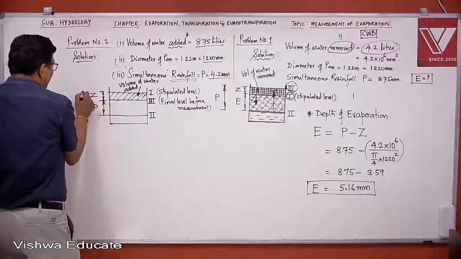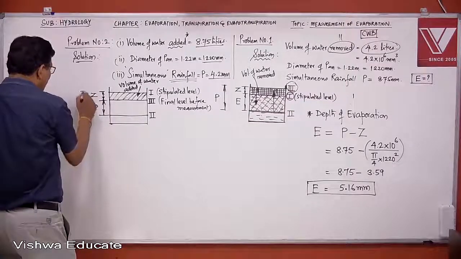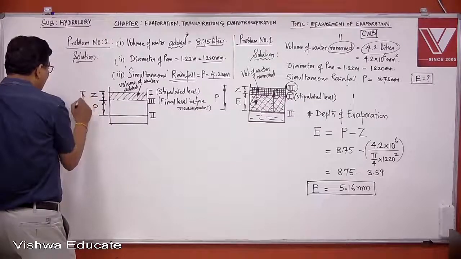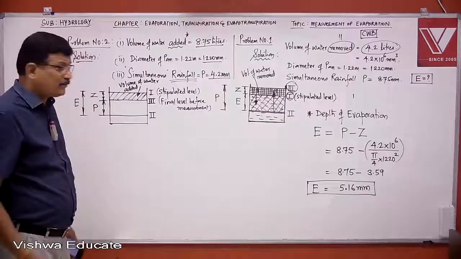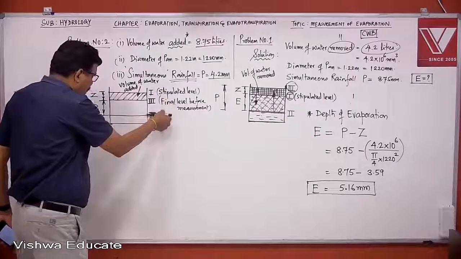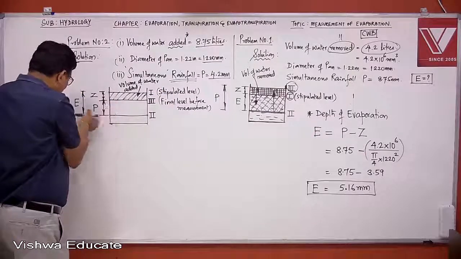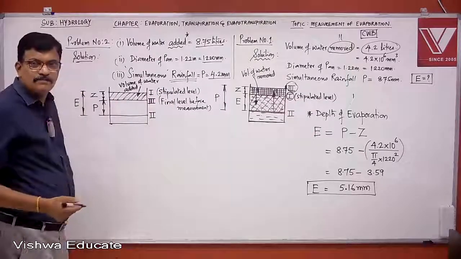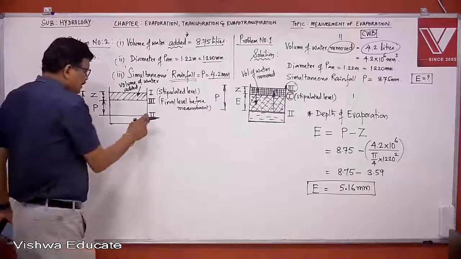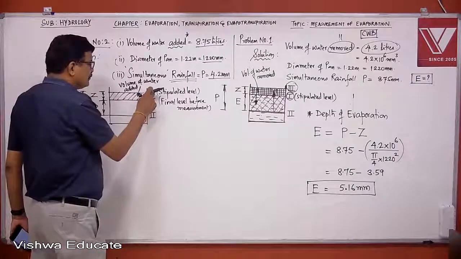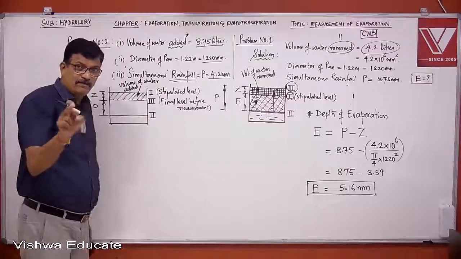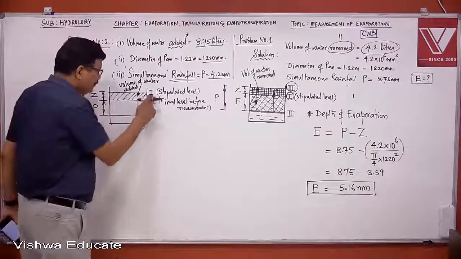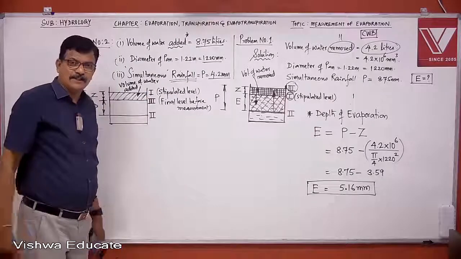So, from here to here in this case would be the evaporation, because evaporation is from 1 to 2. That is, from this level to this level is the evaporation. To bring back 2 to 1, nature has added from 2 to 3 in the form of rainfall, and from 3 to 1 we have added artificially.